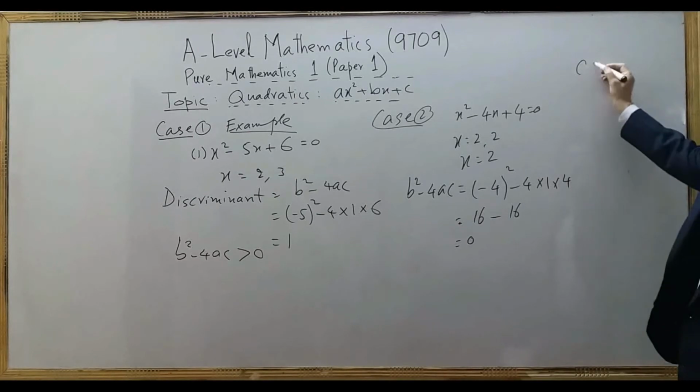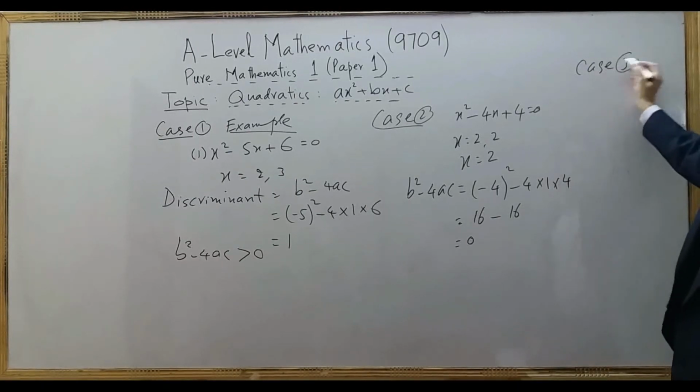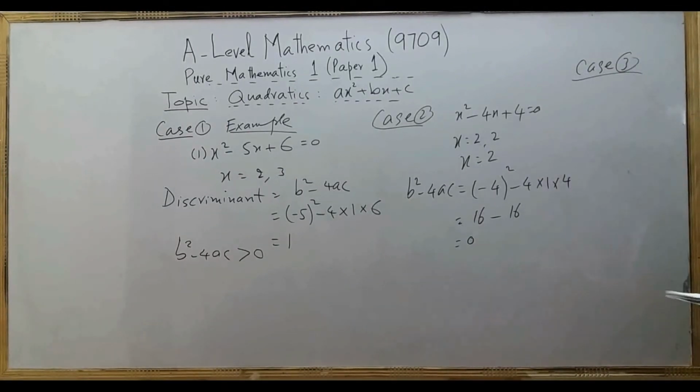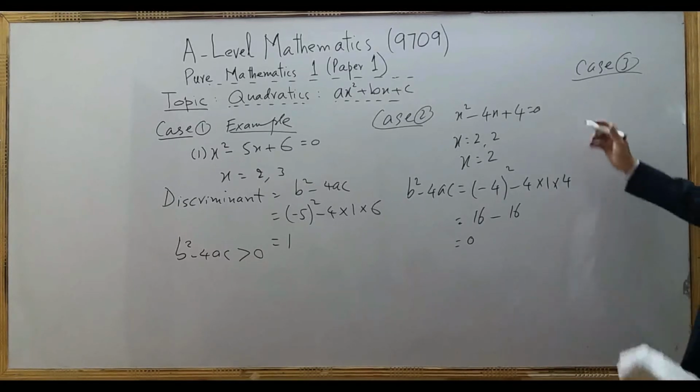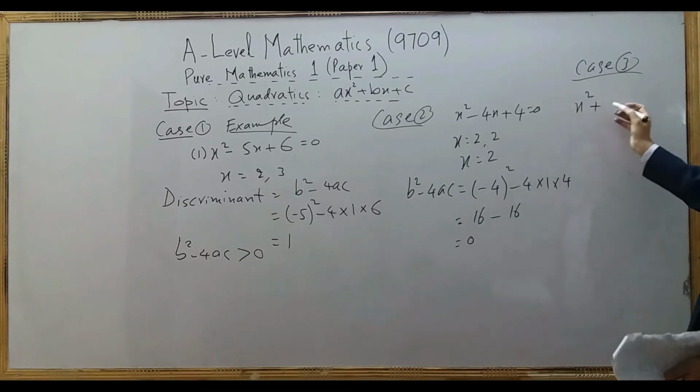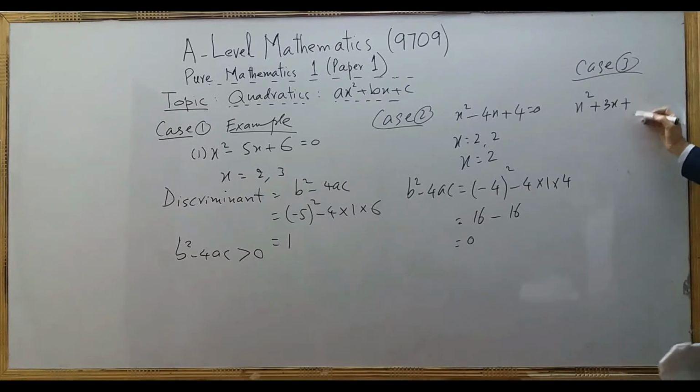Case 3. Now see an example of this case 3. You can take any example. I am taking x square plus 3x plus 5 equal to 0.